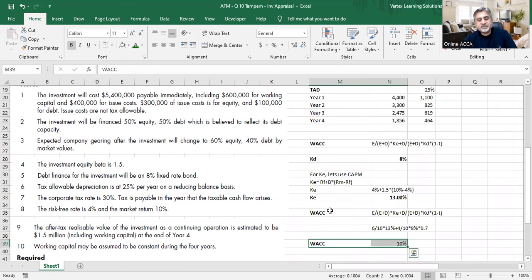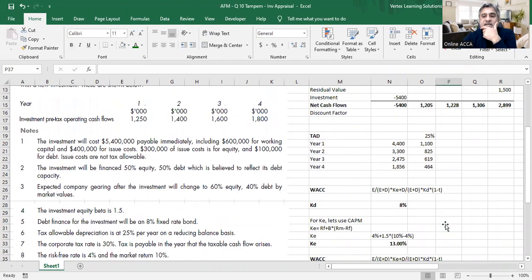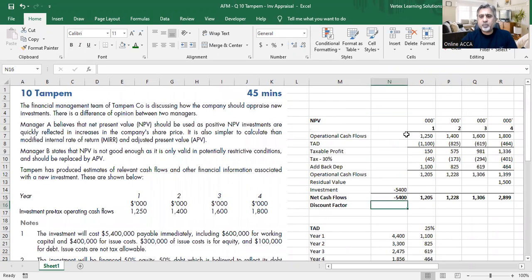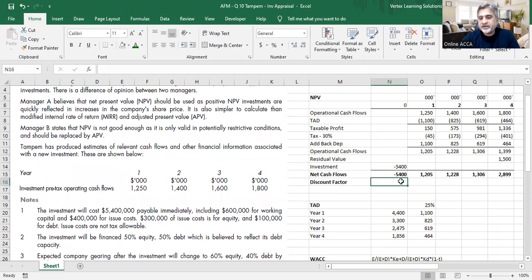So it means that my discount rate is 10%, and for this 10%, I need to find out the discount factors here. By the way, in year 0 the discount factor is always 1. But for the other years, you need to calculate.